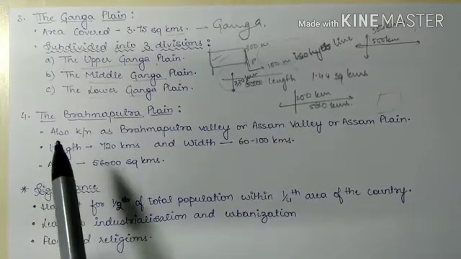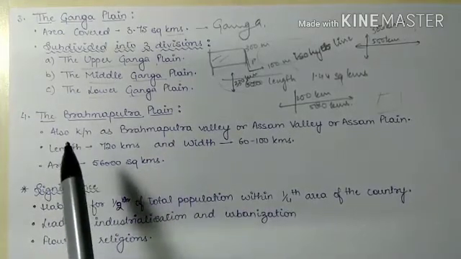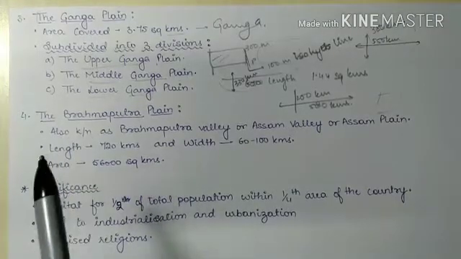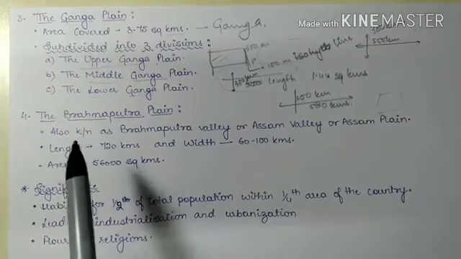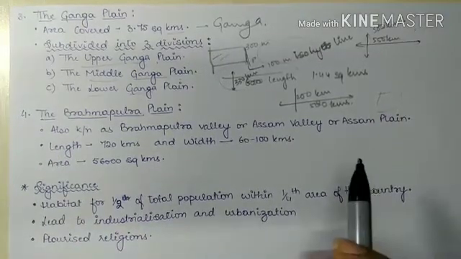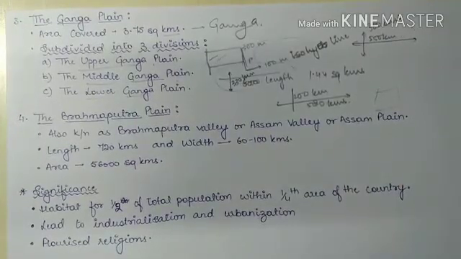Lastly, we have the Brahmaputra Plain. The Brahmaputra Plain is also known as the Brahmaputra Valley, Assam Valley, or Assam Plain, as most of the Brahmaputra Valley is situated in Assam. It is often treated as the eastern continuation of the Great Plain of India, and it is a well demarcated physical unit which is guarded by the eastern Himalayas of Arunachal Pradesh in the north, Patkai and Naga Hills in the east, and Garo, Khasi, Jaintia and Mikir Hills in the south.